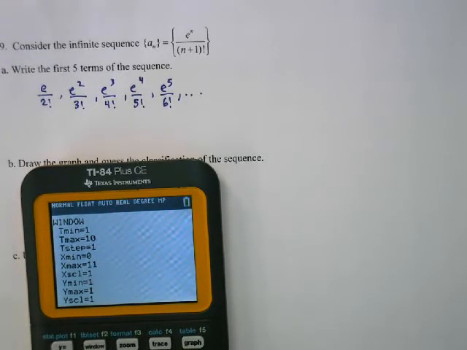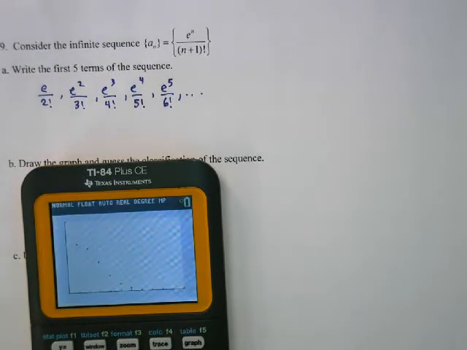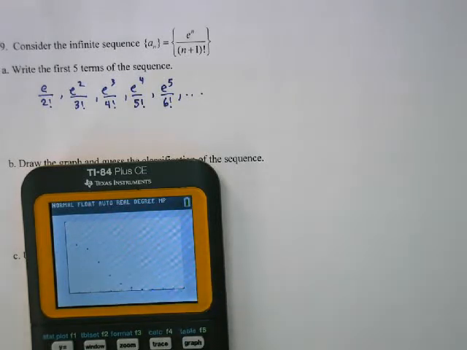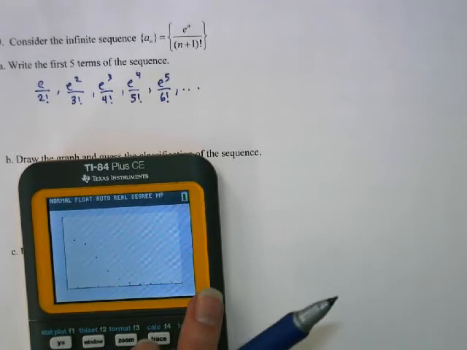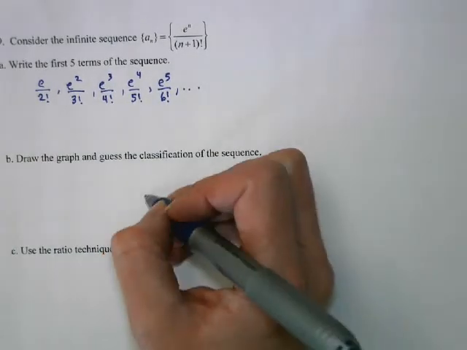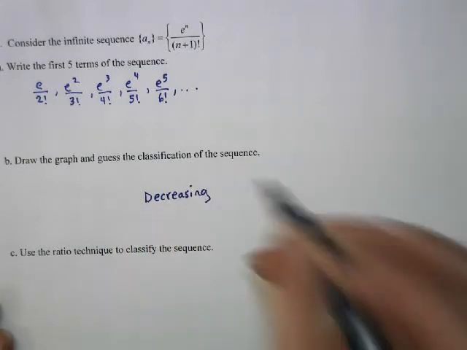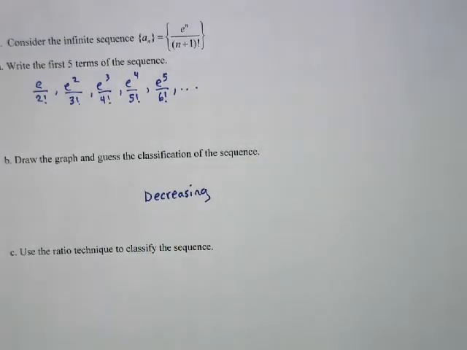Okay, let's go to a y minimum of 0 and a y max of 2. Okay, so it starts here and goes boom. So I'm going to go ahead and predict this is decreasing. And then we'll do the ratio technique.